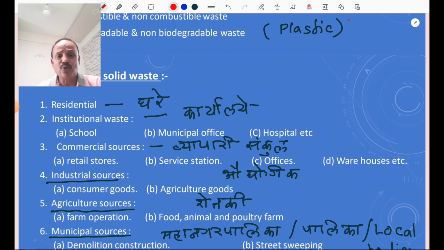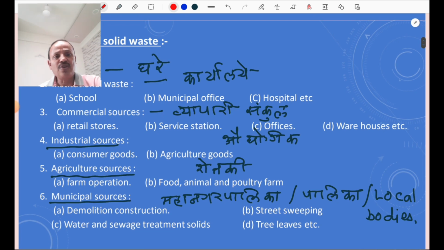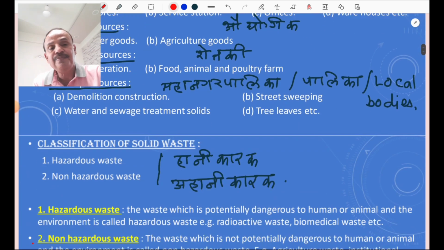Then agricultural sources, farm operations, then food, animal and poultry farm. We get solid waste from agricultural activities. Then municipal sources, demolition and construction, street washing and sweeping, water and sewage treatment plants and tree leaves, etc. All these sources are very important which contribute to the solid waste.